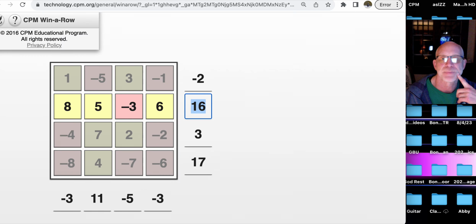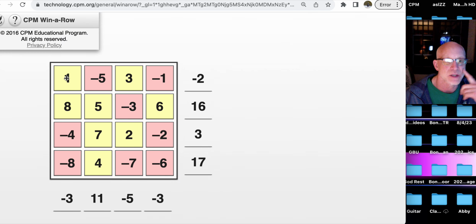Let's try that. So we go here, here, here, here. So that's 1 plus 5 is 6, plus 2 is 8, subtract 6 is 2. So yellow wins the tiebreaker. That's the way the game is played.